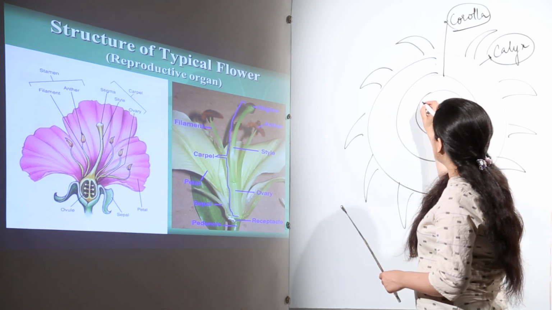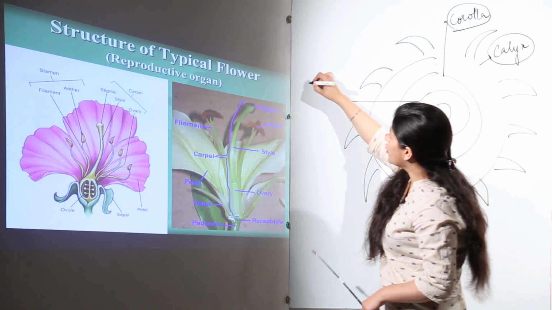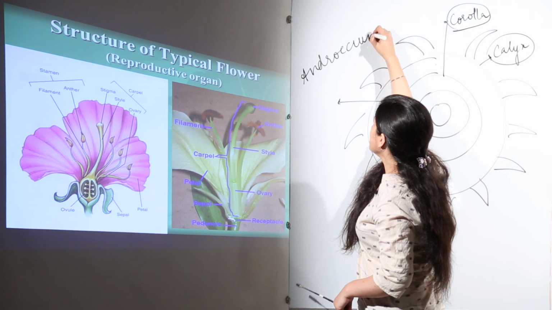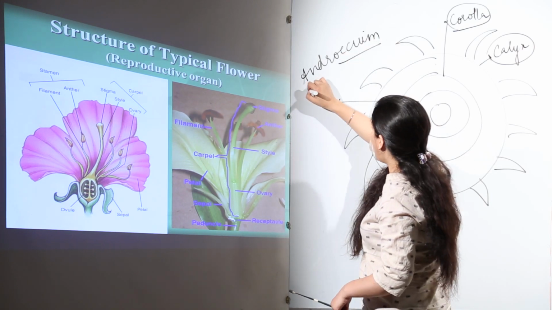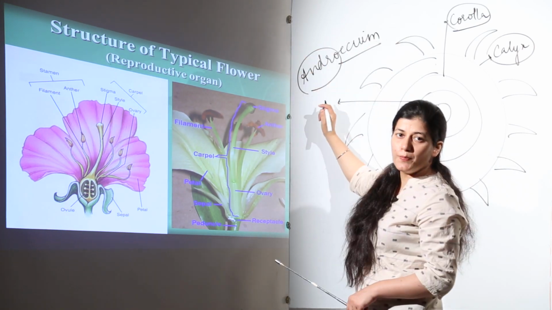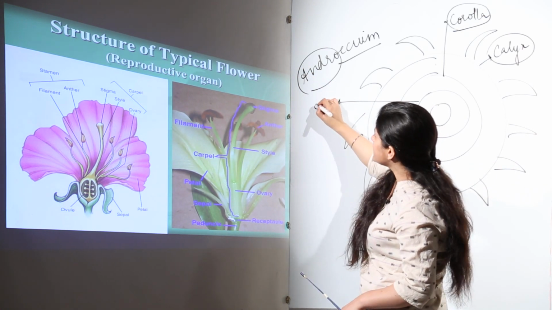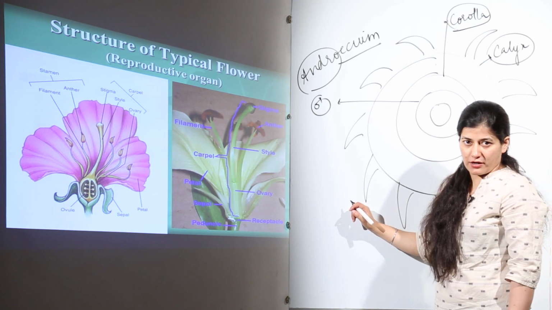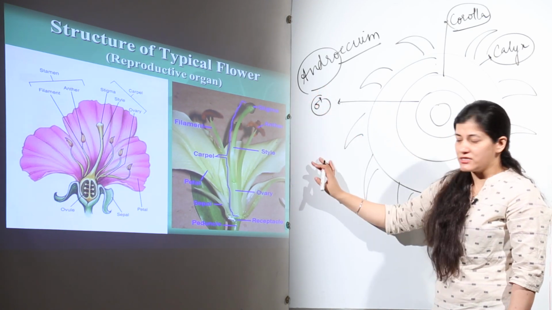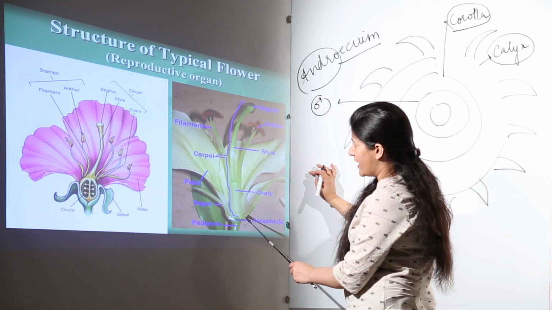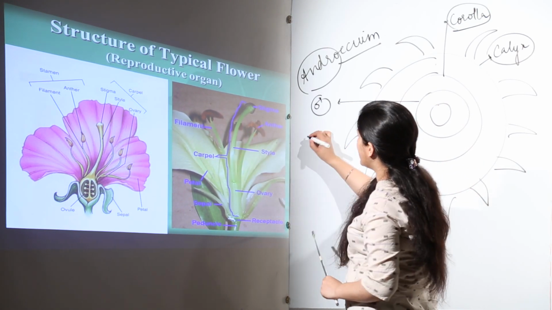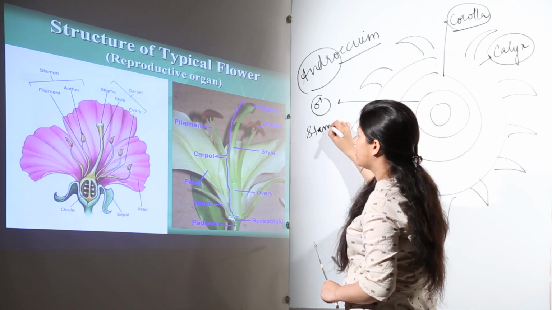Now moving inwards, we have androecium. Oecium refers to house and andro means related to male. So this is that whorl which is going to bear the male part of the flower. So androecium has its appendage, made of filament and anther, that is known as stamen.